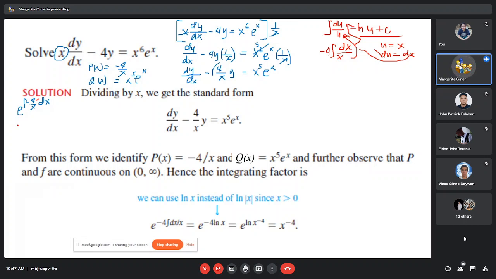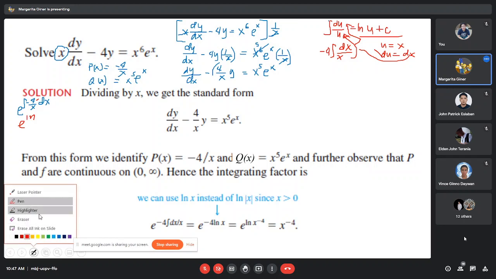So, here, your answer will be equal to e raised to ln. You still have the negative 4. So, negative 4, I moved it in front. So, minus 4, then ln of x.